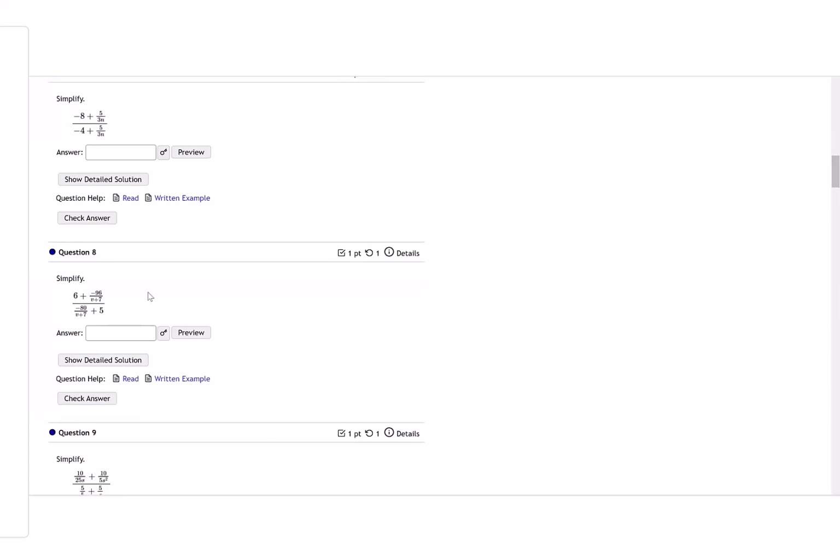This is what I mean when I say you cannot keep, change, flip, because we don't have a fraction over a fraction. If we make it into a fraction over a fraction, we can use keep, change, flip. I start with -8 plus 5 divided by 3n divided by -4 plus 5 over 3n. And if I take the numerator and denominator separately, in the numerator, my least common denominator would be 3n.